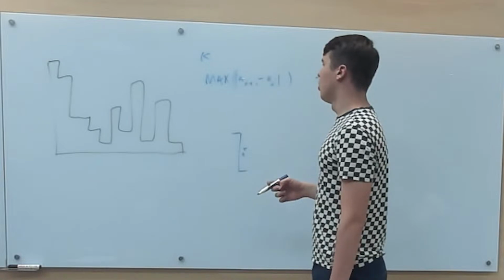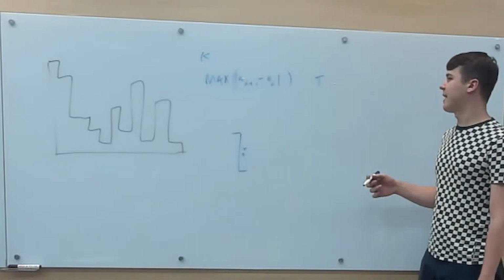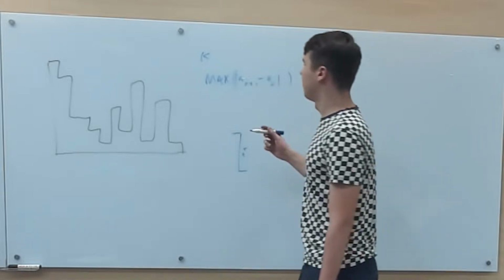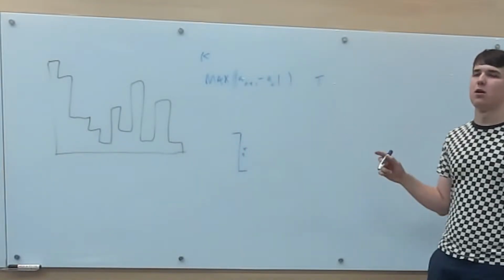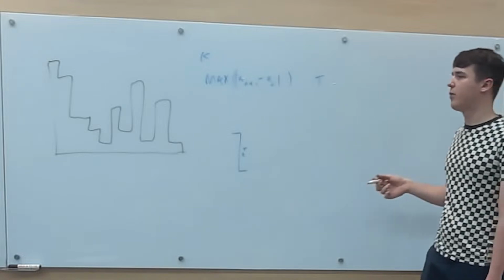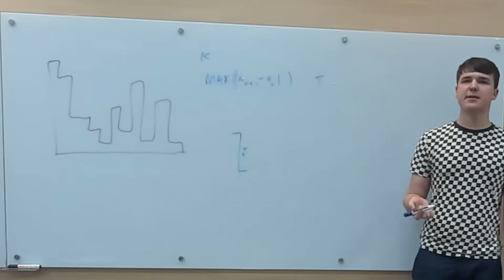Okay, so how do we run this greedy? This greedy gives us a helpful assumption that at the beginning the difference is at most t, which will help us later.